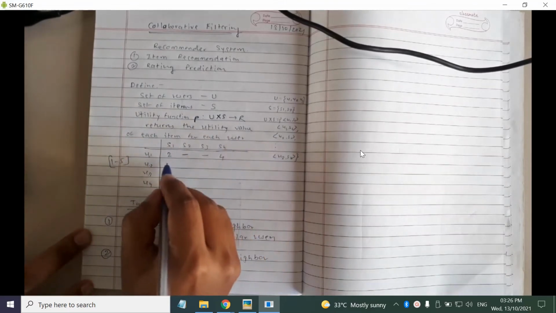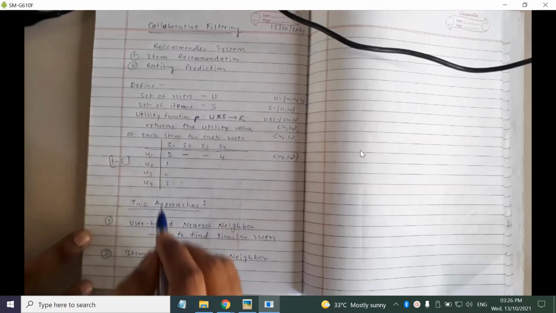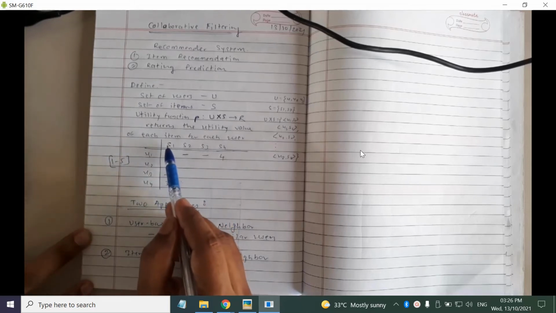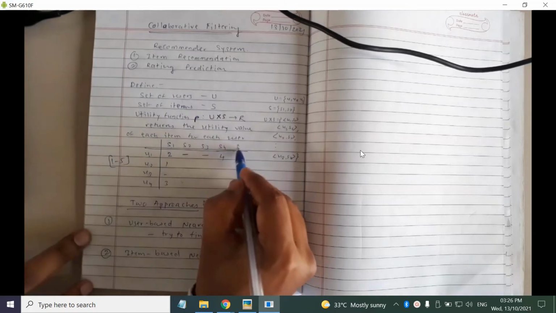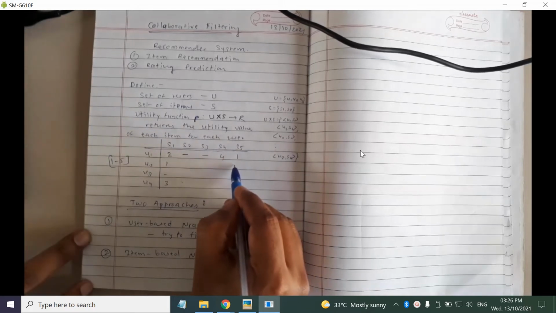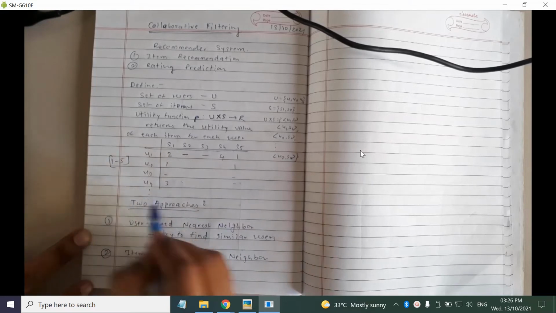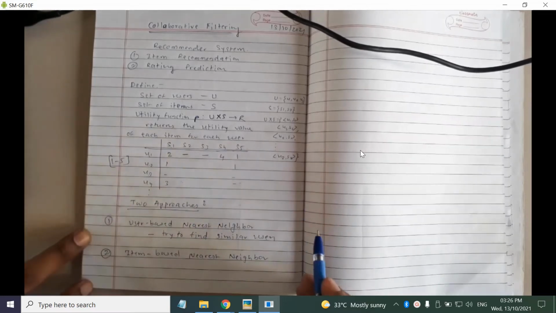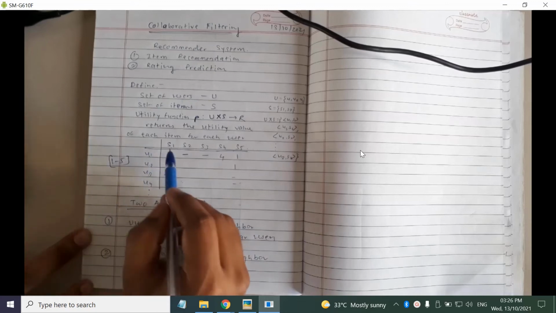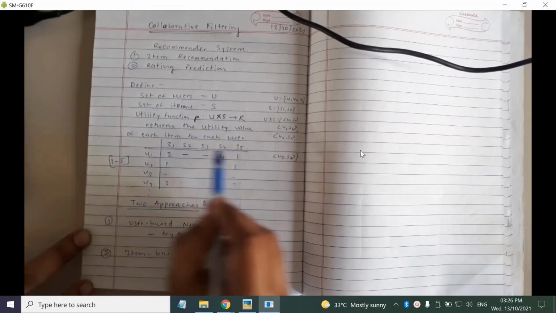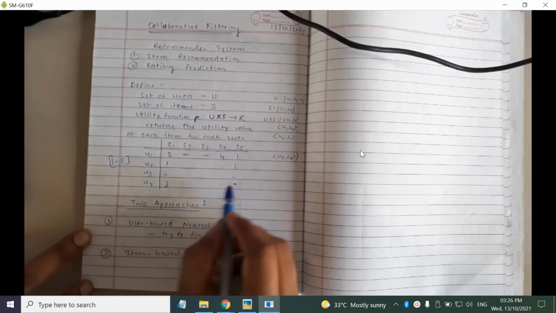For example, if I have this rating for S1, and there is S5 also, and we have more rows and more columns, but if you can find that S1 is more closely related with S5, then from this value I can predict this value, I can approximate it.